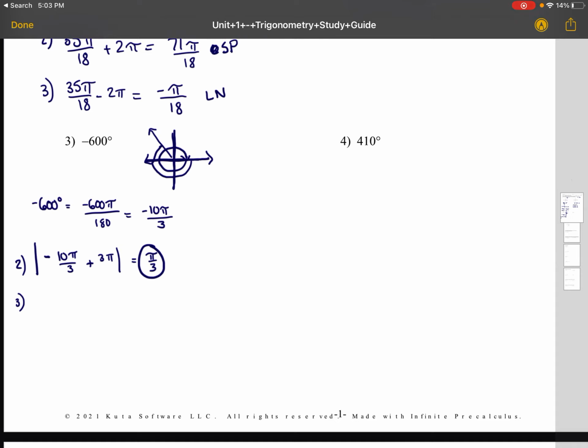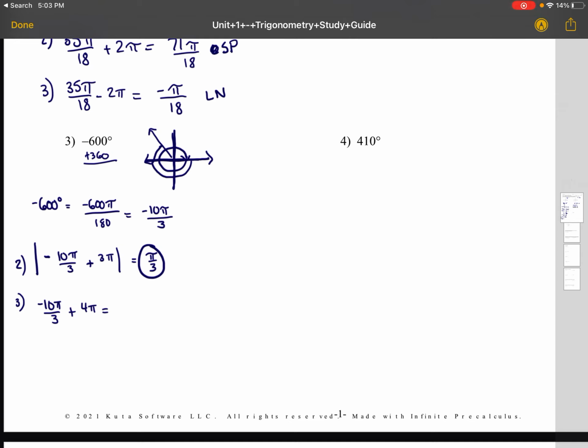Since this angle is negative, if we added 360 once, that's still going to be negative. So we need to add 360 twice, which is the same as adding 4 pi. So we're going to take the negative 10 pi divided by 3, and add 4 pi.